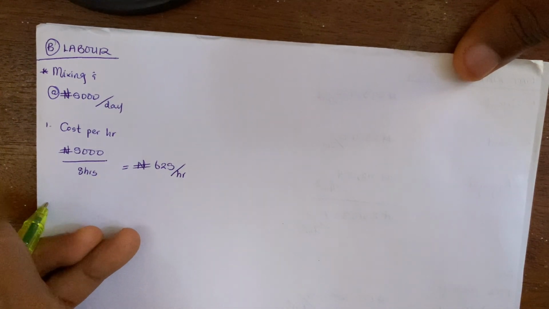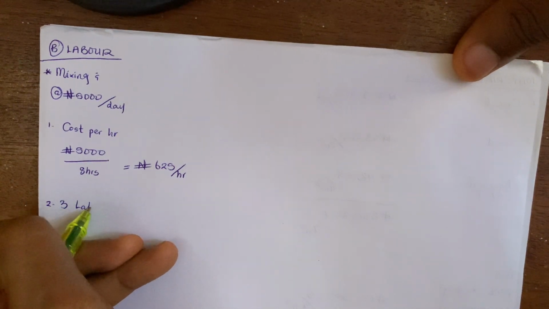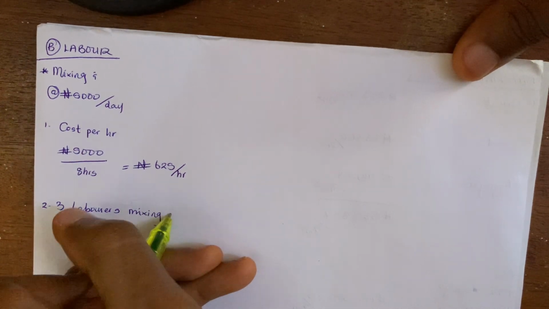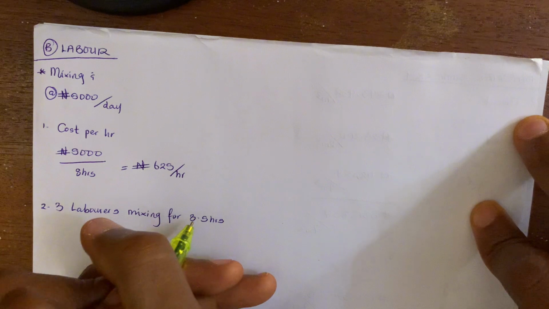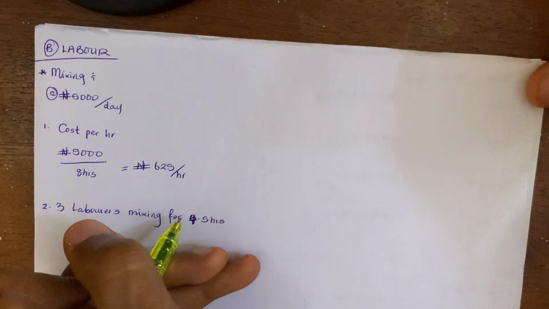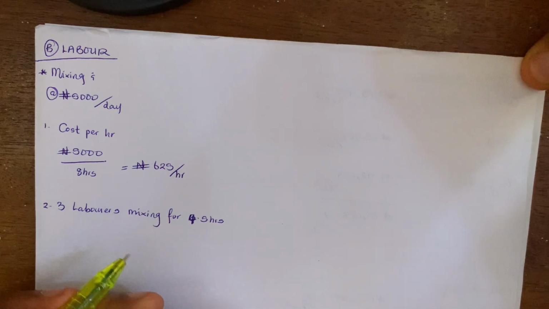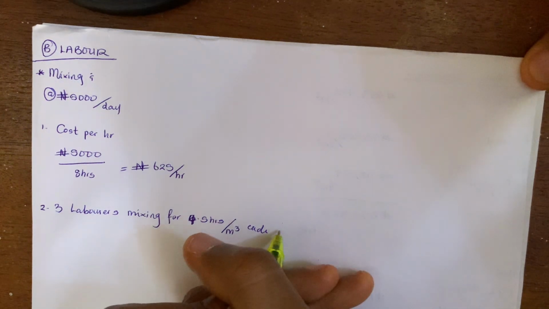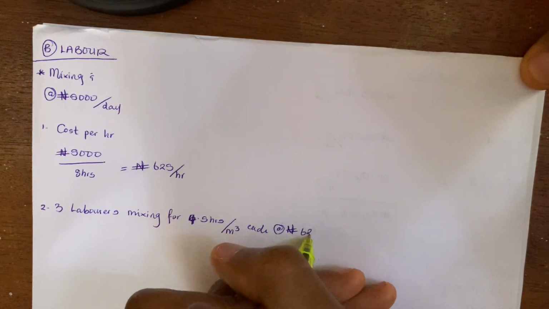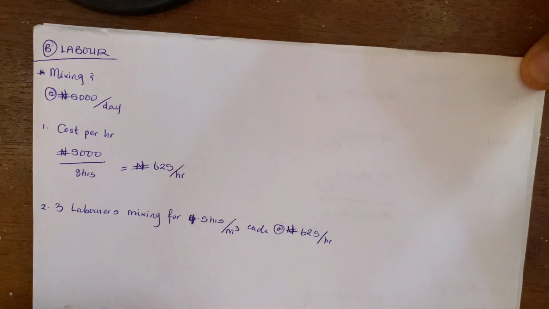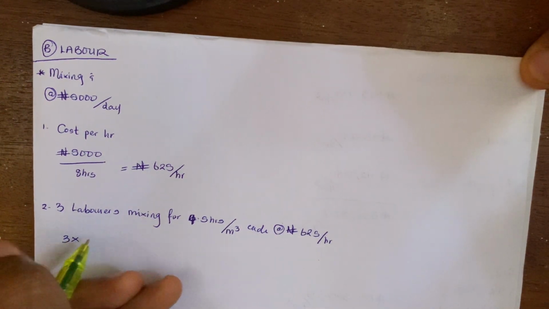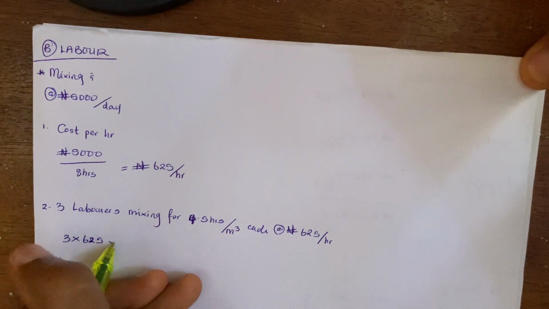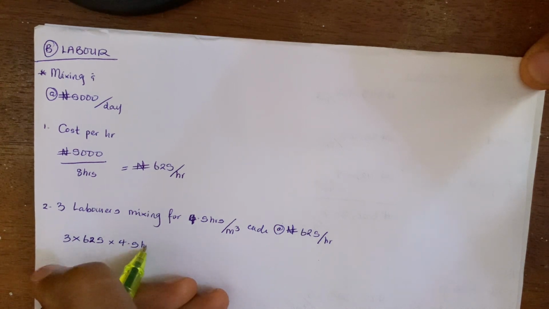So you can now say 3 laborers mixing for 4.5 hours per meter cube each at the rate of 625 naira per hour. It will become 3 times 625 naira multiplied by 4.5 hours.